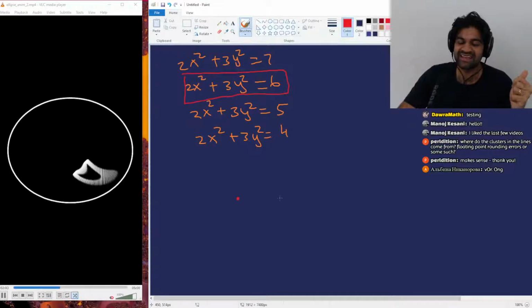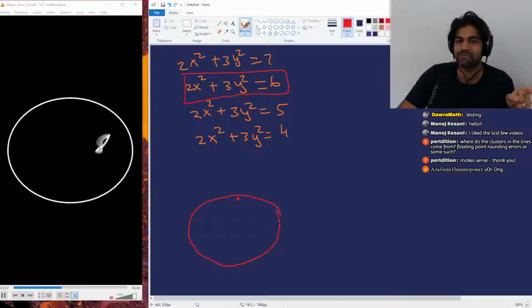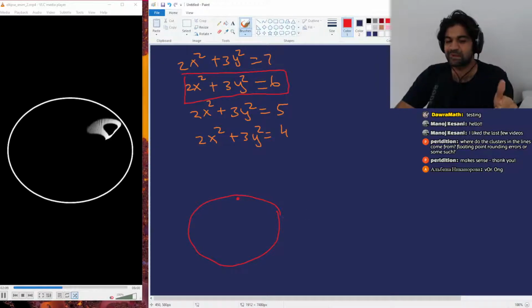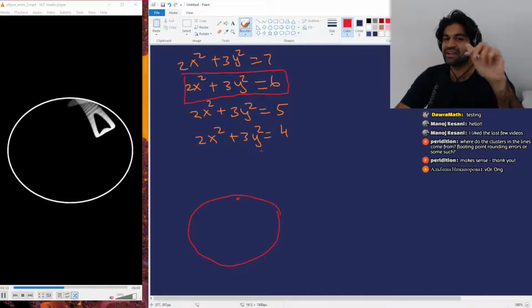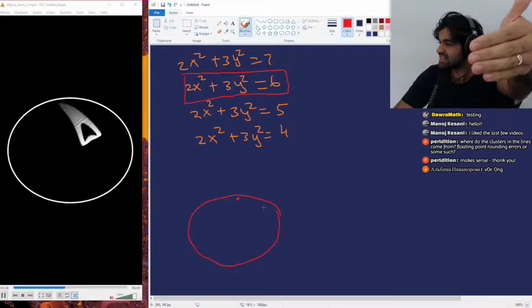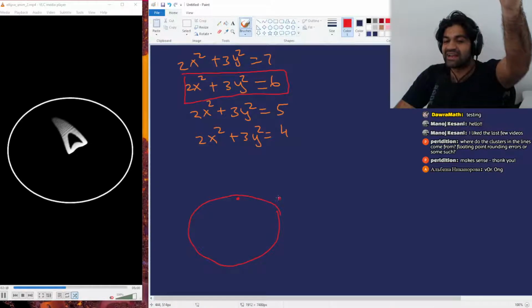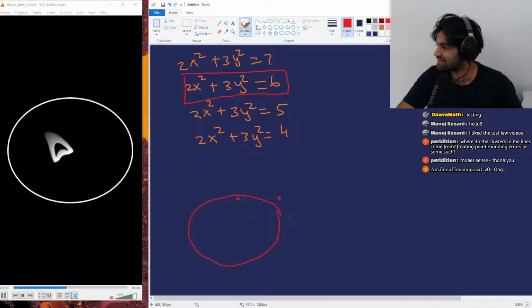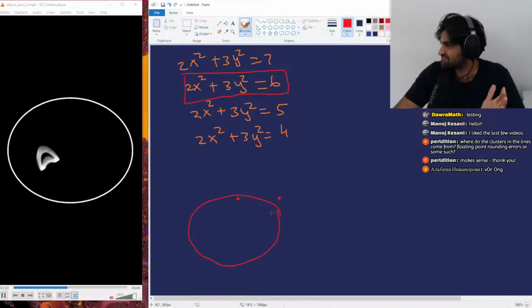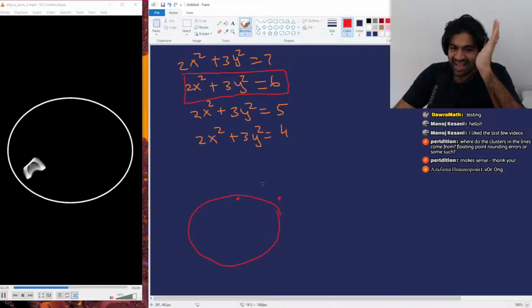And the idea is that if 2x squared plus 3y squared equals 6 is my special ellipse, then if 2x squared plus 3y squared evaluates to more than 6, I must have gone over. Then I must be on the outside of the ellipse. Make sense? That's how I'm setting this up.